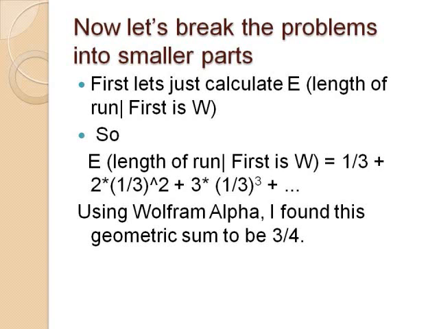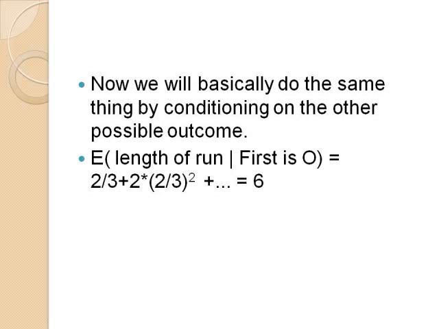So if we break down the problem into small parts, first we'll calculate the expected value of the length of run given that the first is a wicket. So we know that the probability of getting a wicket is 1/3, so it's just a geometric sum, and when I sum it, it comes out to be 3/4 or 0.75. Similarly for the other part, we'll condition on not out being the first outcome.